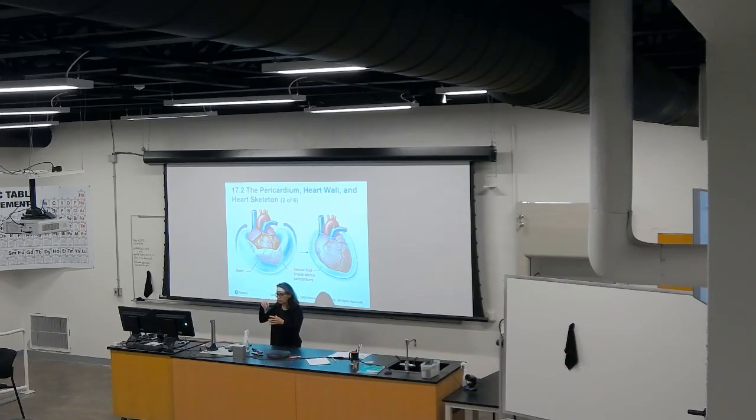If you put water in a balloon, and then you put your fist against that balloon, the latex that contacts your skin will be the epicardium, or the visceral pericardium, and the other part of the latex that doesn't contact your skin will be the parietal, or the serous pericardium. And the water in between represents the pericardial fluid, okay?